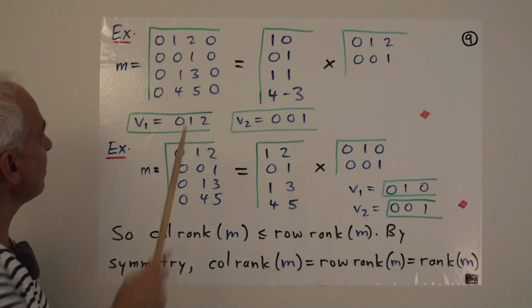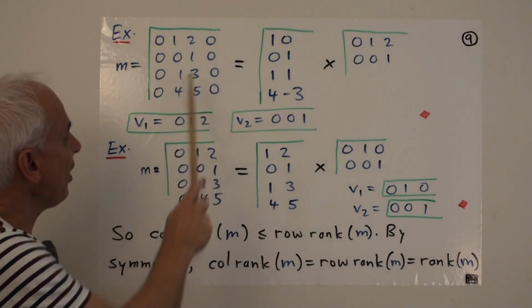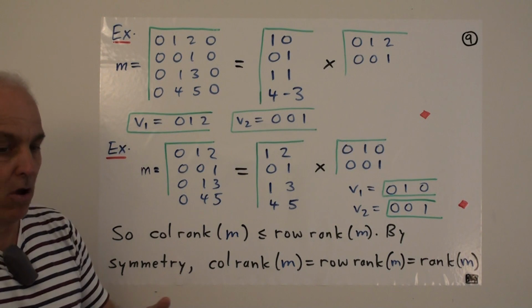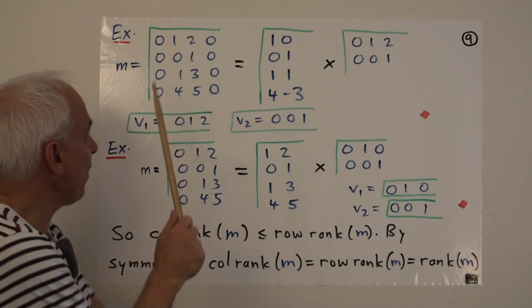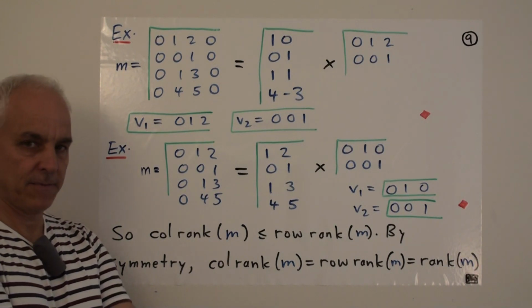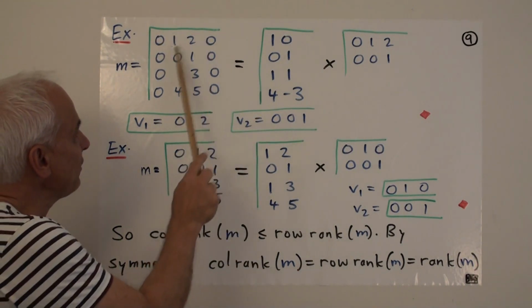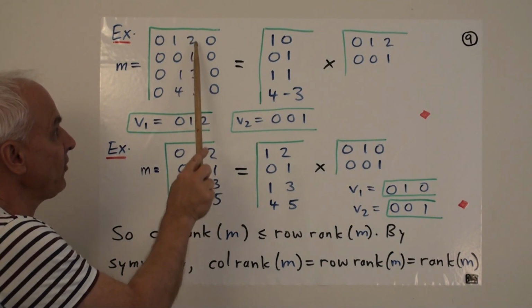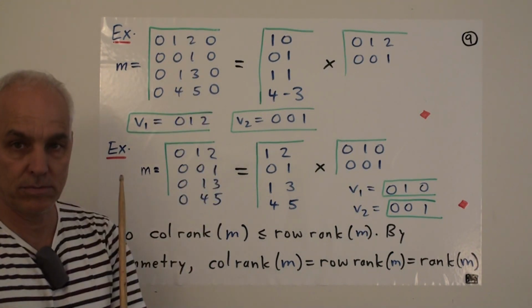Well, one thing would be to just start looking at the rows themselves and asking how many of them do we need in order to span all of the rows. Well, a little bit of thought shows that these first 2 rows will suffice. So if we just look at these first 2 rows, this third row is a linear combination of these 2 rows. Namely, it's this row plus this row.